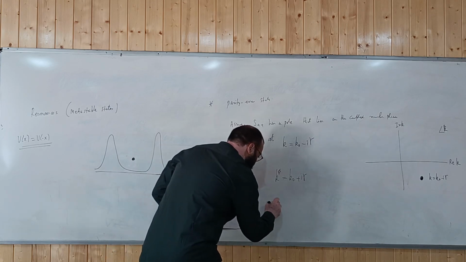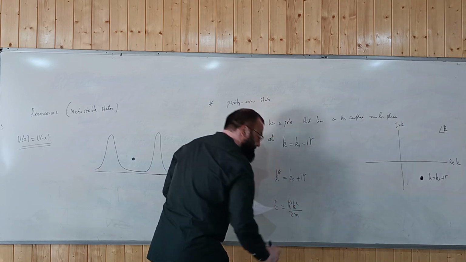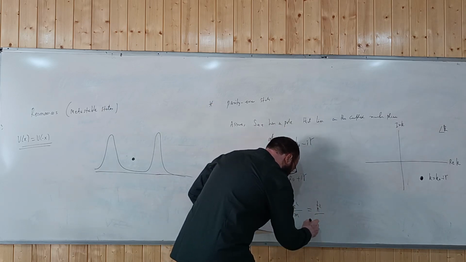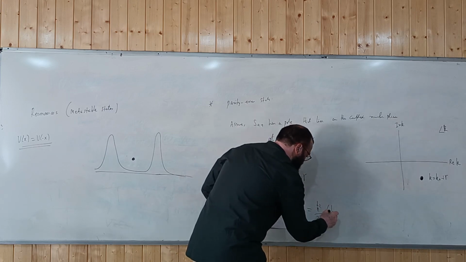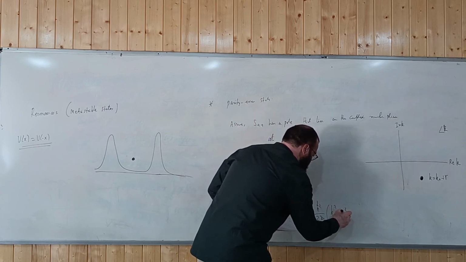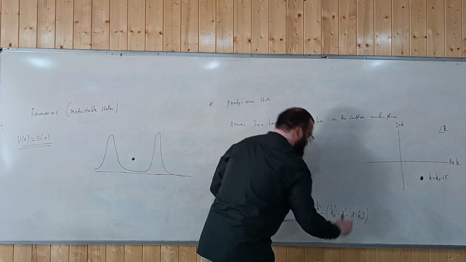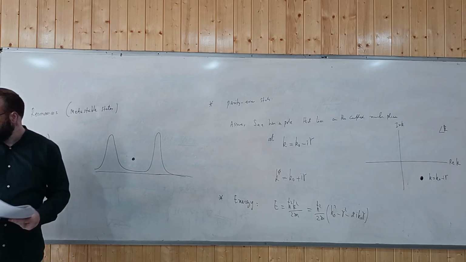So E is equal to h cross squared k squared by 2m. So what is k? k squared is k naught squared minus gamma squared minus twice i k naught gamma. Clear?